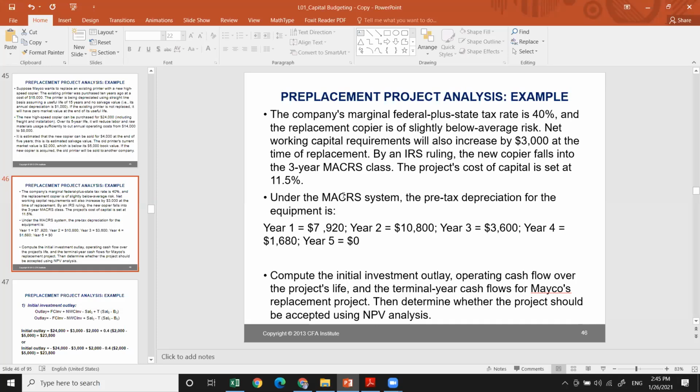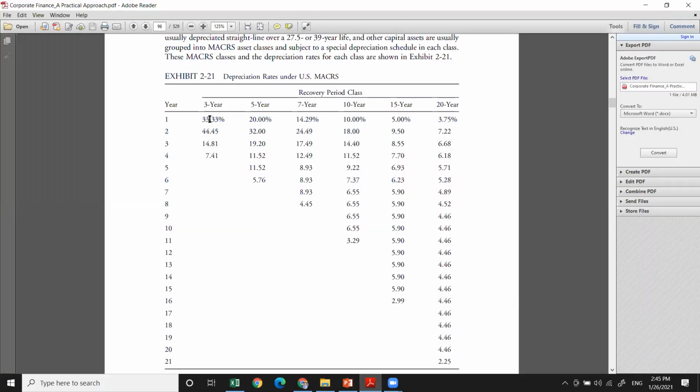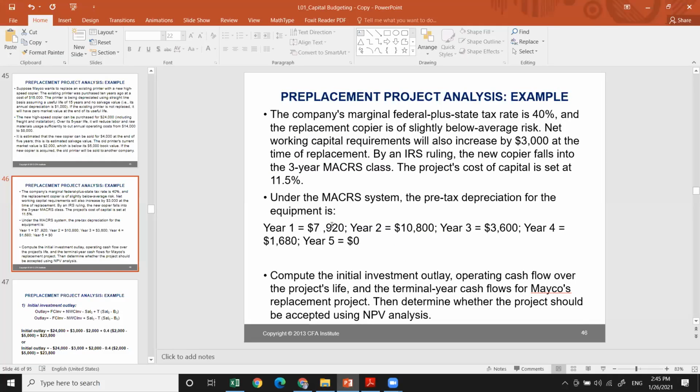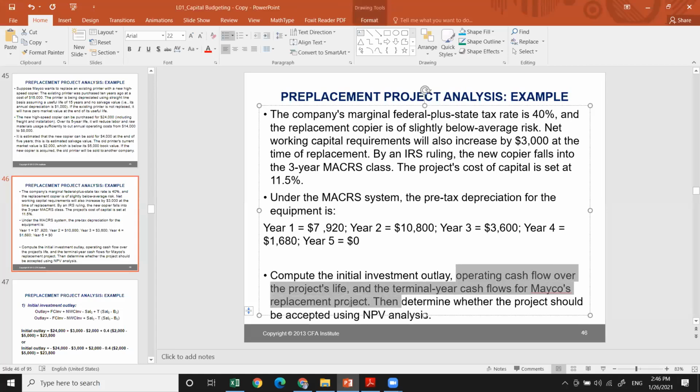If you remember the table given in the book, we're going to use these percentages, but in the slides they have already been calculated, so we don't have to calculate. So we compute the initial investment outlay, operating cash flow as well, and terminal non-operating cash flow. And we should determine whether the project should be accepted using the NPV analysis, whether we should replace or not.